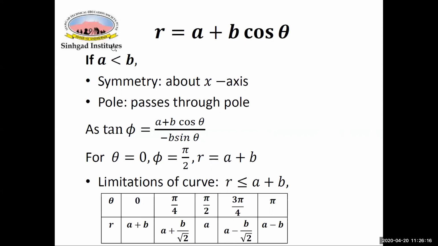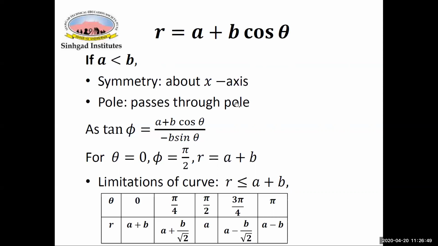Now, since we have a less than b, it will happen that somewhere for the negative value of cos theta, this a minus b into some constant will change to a minus a, and it will become 0 for the case a less than b, and hence the curve will pass through pole.